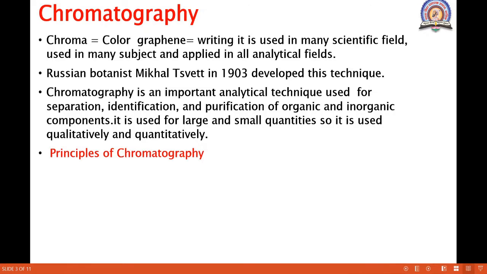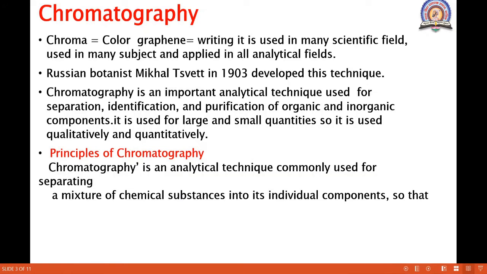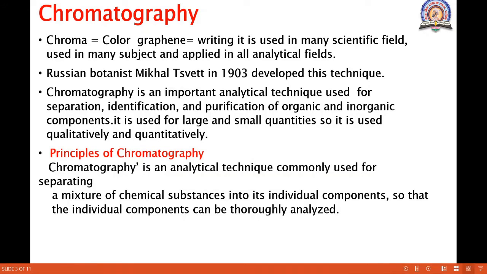Okay. Then we move towards the principles of chromatography. This chromatography is an analytical separation technique. It is commonly used for separating a mixture of chemical substances into its individual components so that the individual components can be thoroughly analyzed. Okay, students?